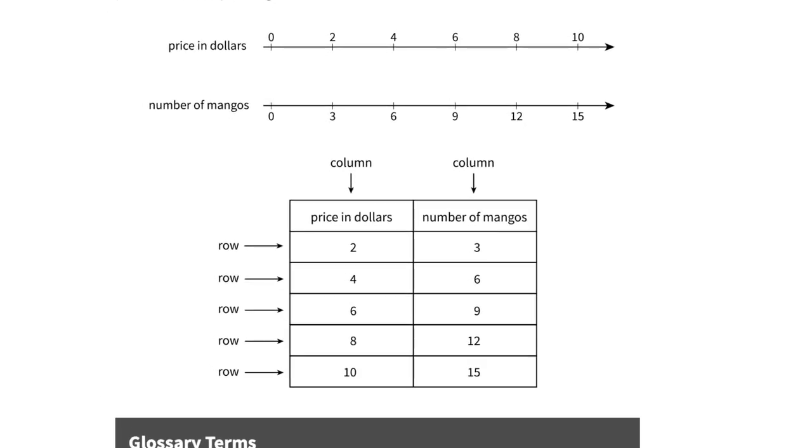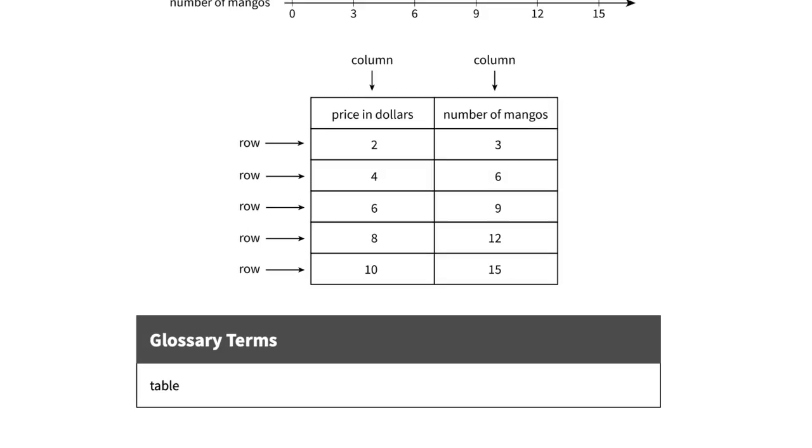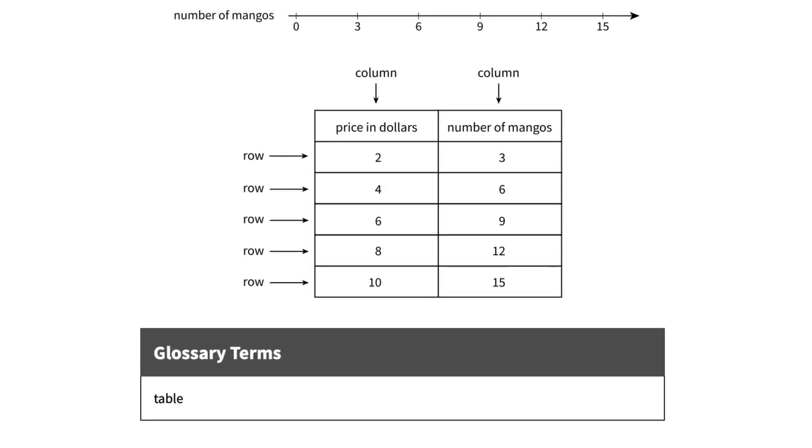All of these ratios are equal, or equivalent, if every time you multiply one number by something, you multiply the other number by the same thing. And so these are all equivalent ratios, and the big word today is table. I call it a ratio table.